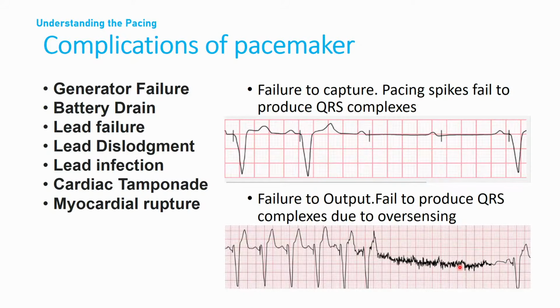In that scenario we may have to change modes. We can change from DDD mode to DOO mode, which we call asynchronous mode. In asynchronous mode it maintains the rhythm and paces blindly, because we switch off the sensing options. We have to change the mode settings only temporarily during the procedure.